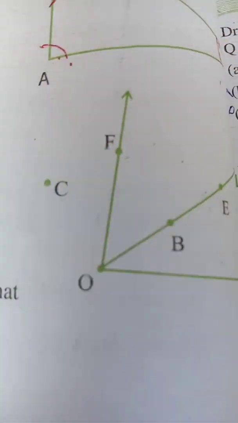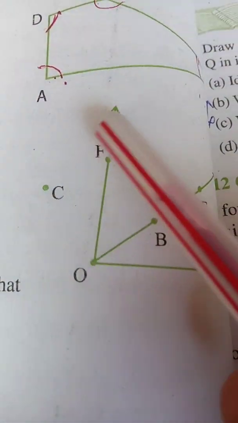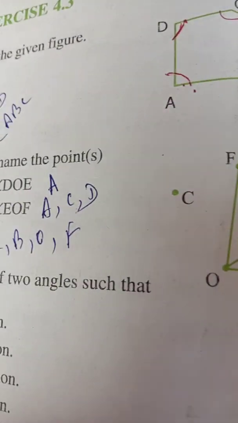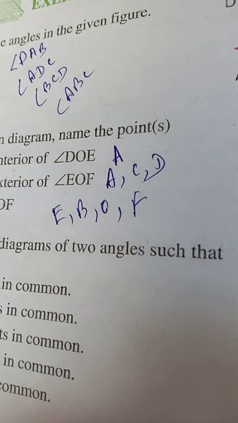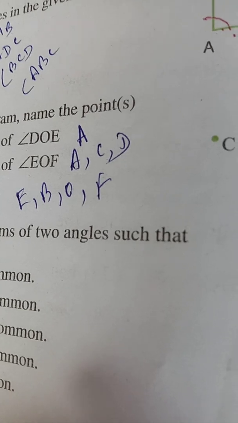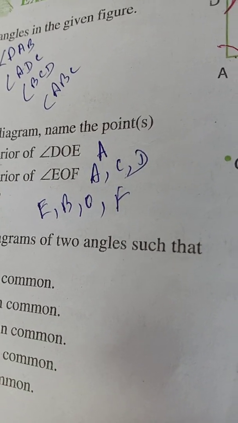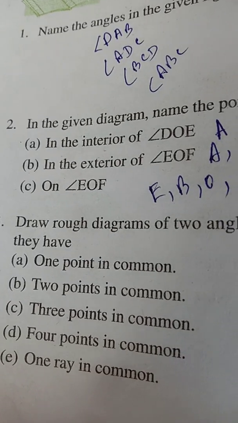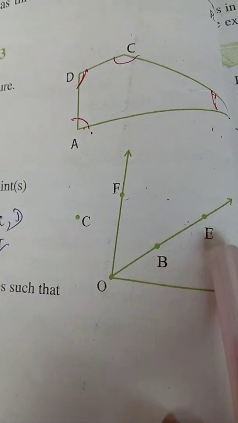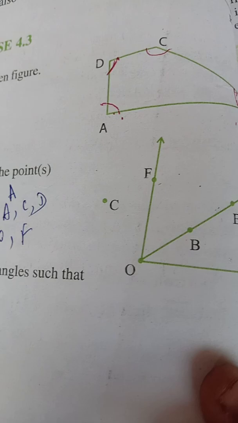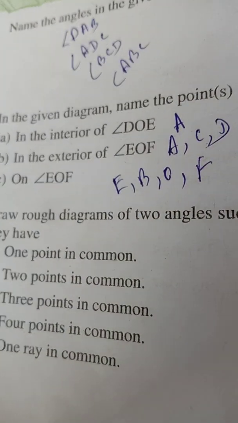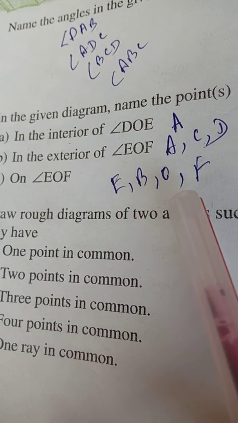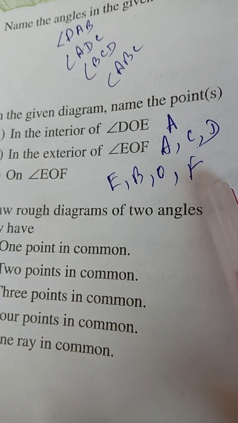This is angle EOF. Exterior means points A, C, D. Now on EOF, who is on EOF? Point E, point B, point O, point F.